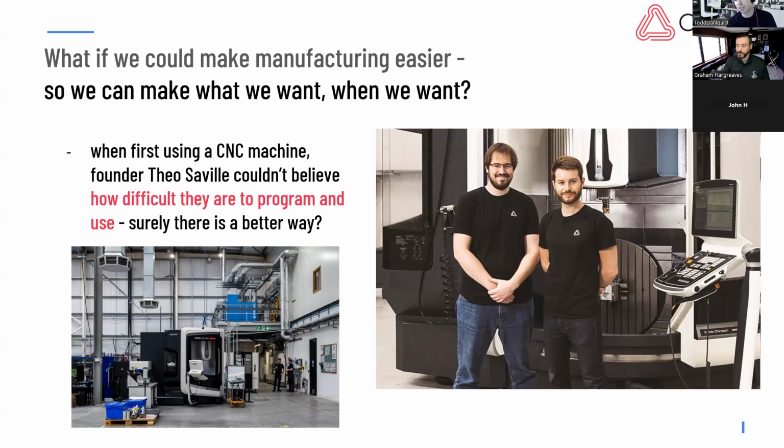But something that's interesting about us, we're not just a software company. We actually have our own factory ourselves. So we use CAM Assist ourselves in the factory, right? So we're really in the shoes of the customers and feel the same pain points that you do from that perspective. So we're using CAM Assist to help us overcome some of those issues. And then we also take learnings that we have from using CAM Assist to better improve CAM Assist over time. Next slide.